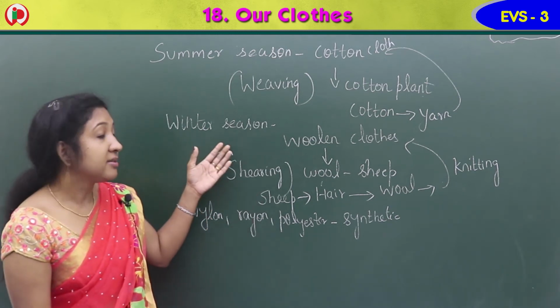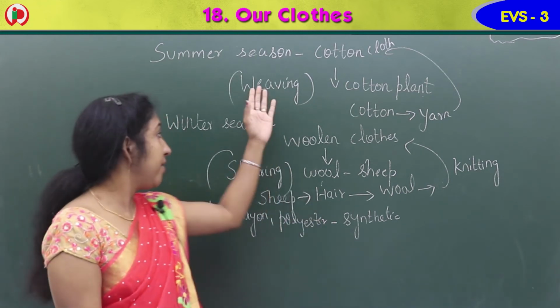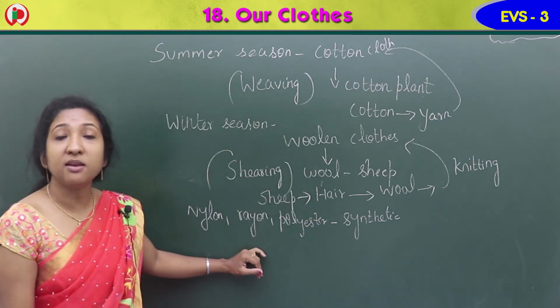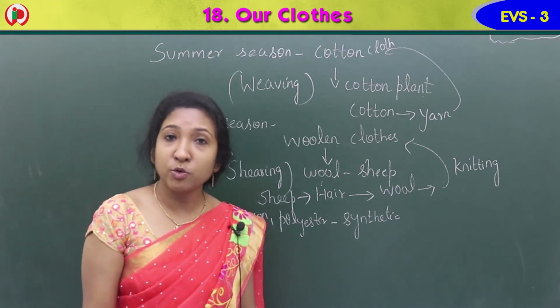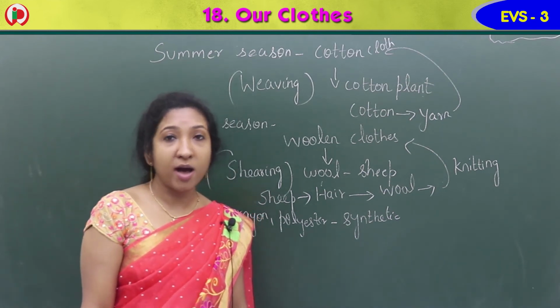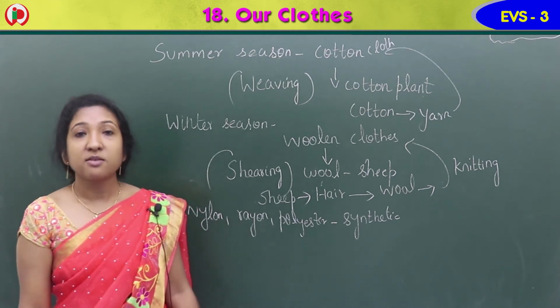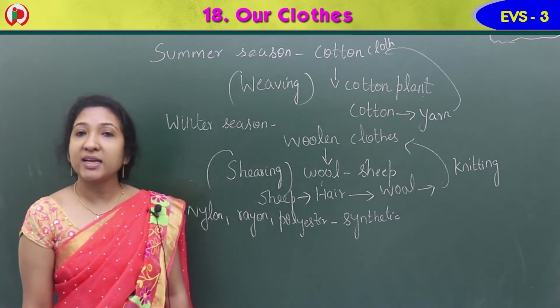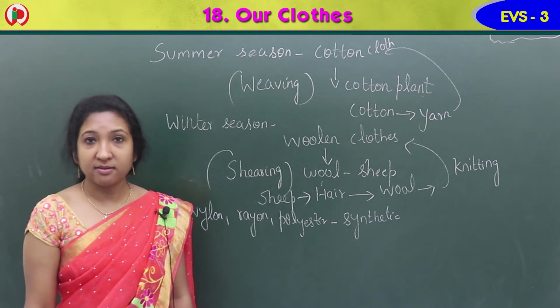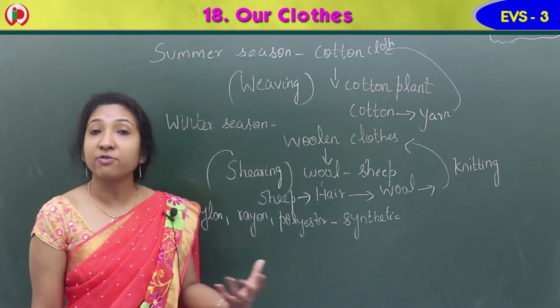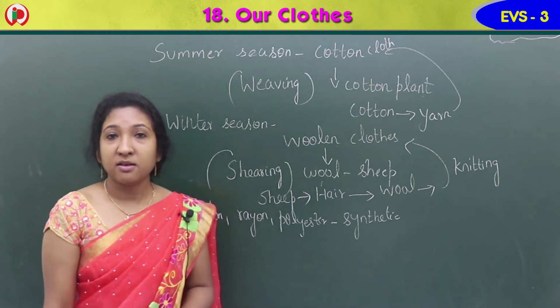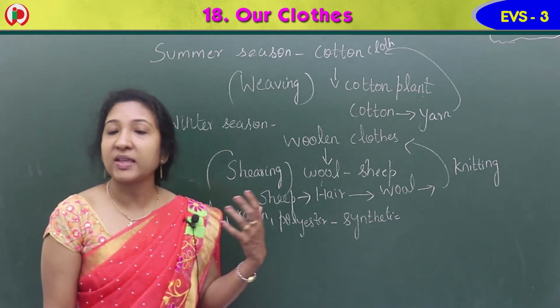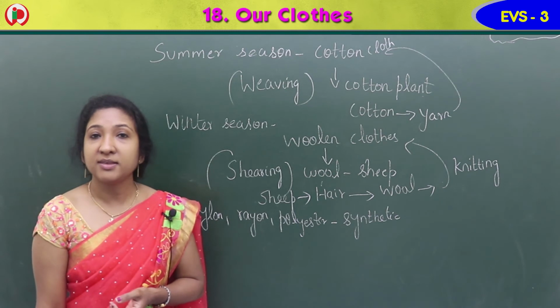And in rainy season, people wear raincoats, gumboots, and take umbrellas when they go out, isn't it? Yes. So these are the things we learned in this lesson. We learned about different types of clothes, clothes according to season, and about the source, how we get these kinds of clothes, isn't it?